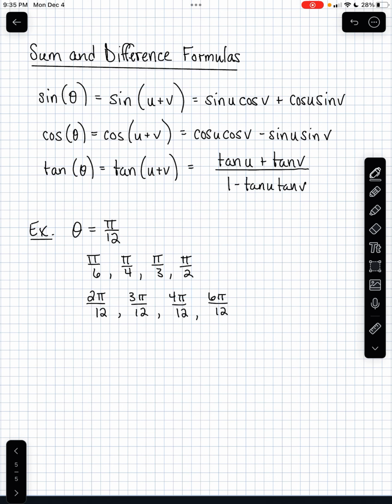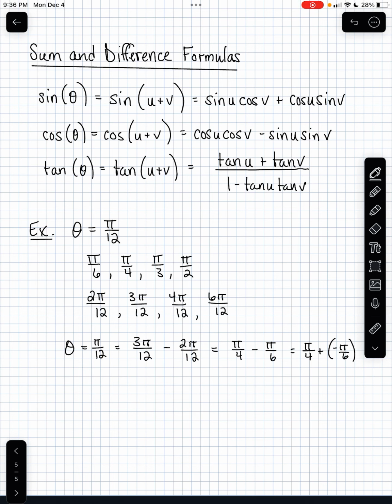So as it turns out, there are a couple of different ways that we can write pi over 12. We can write pi over 12 as 3 pi over 12 minus 2 pi over 12. To put those back into our common angles, we can use pi over 4 minus pi over 6. Or, to fit the sum formula, pi over 4 plus negative pi over 6.